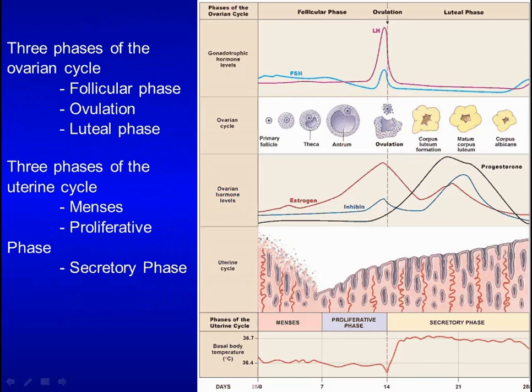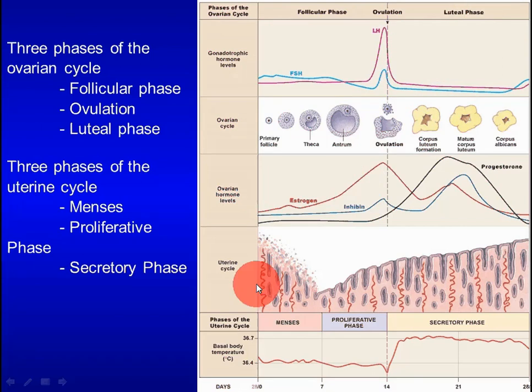Here is an ovarian cycle. These are gonadotropic hormone levels, and these are ovarian hormone levels. Ovarian cycle is divided into three phases: follicular phase, ovulation, and luteal phase.